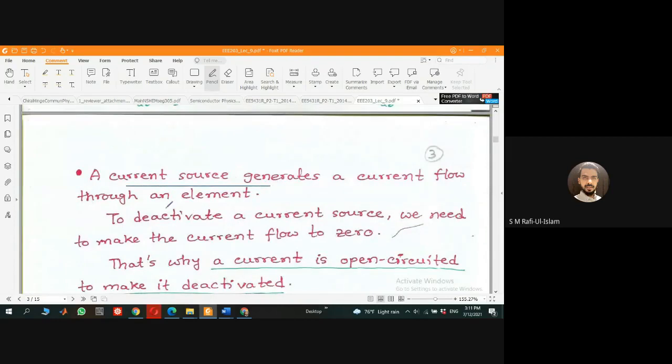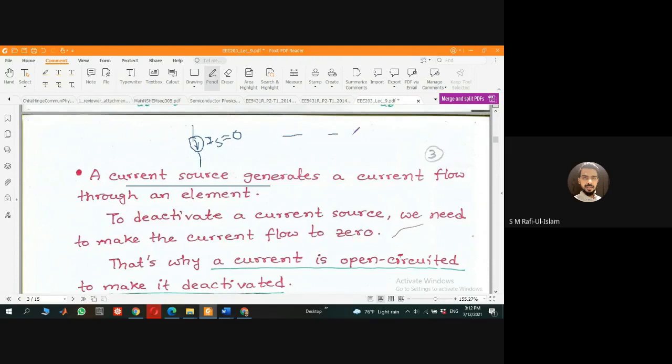Similarly, how would we deactivate a current source? If we want to deactivate that current source and set its value to 0, how do we get a situation where there is no current?